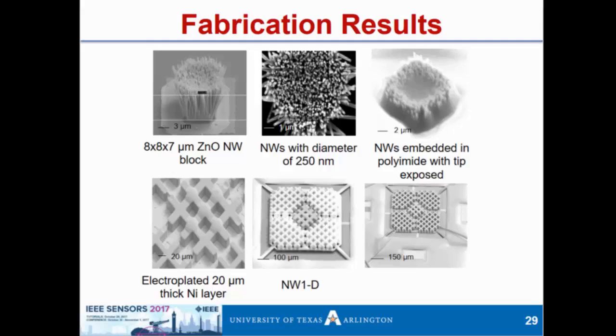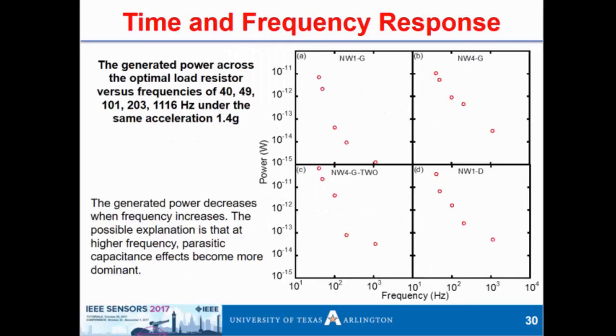This is the nickel proof mass, and under it there are the embedded nanowires. So this is a combination of a LIGA process, let's say UV LIGA, and so-called proof mass LIGA, and also a nanostructure hydrothermal growth. All of them are combined.